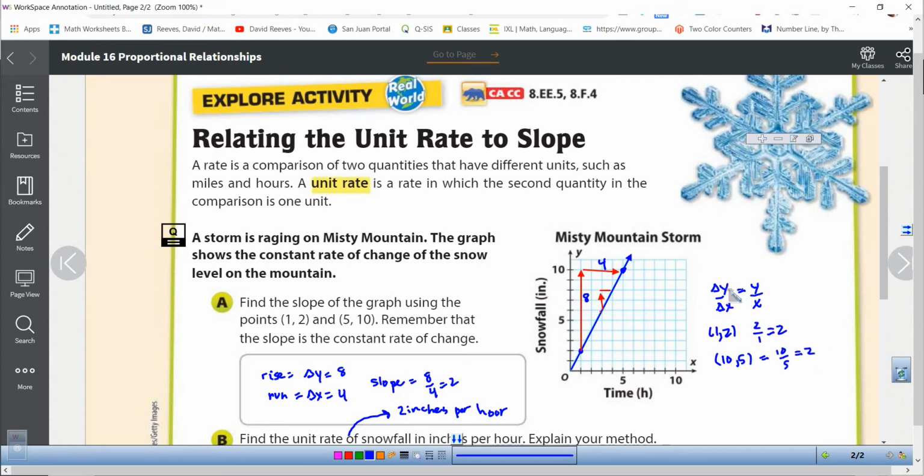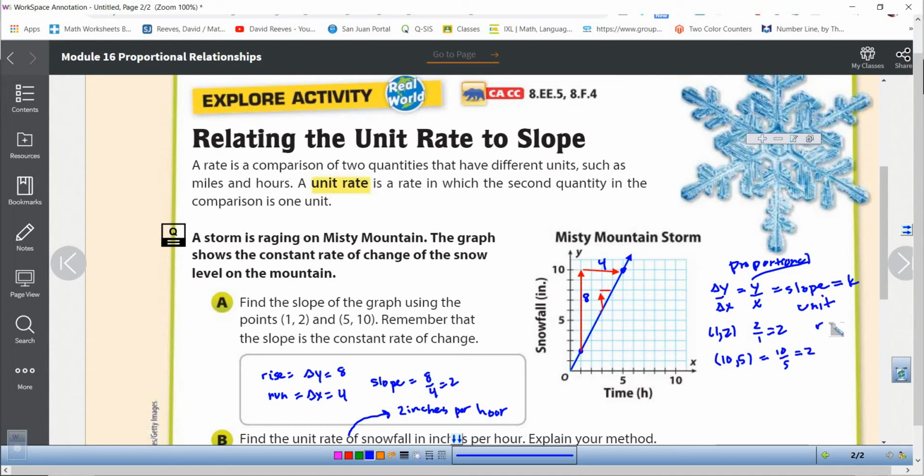So as I told you before, change in y over change in x equals y over x for a proportional relationship, which means that the slope is equal to the constant of proportionality, which is k. All right? And it's the unit rate.